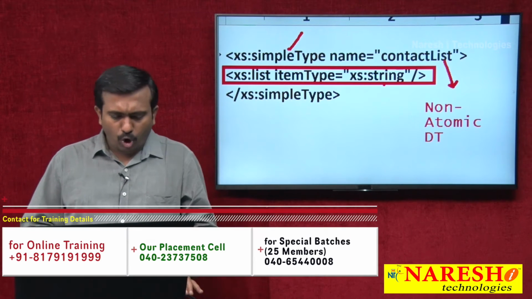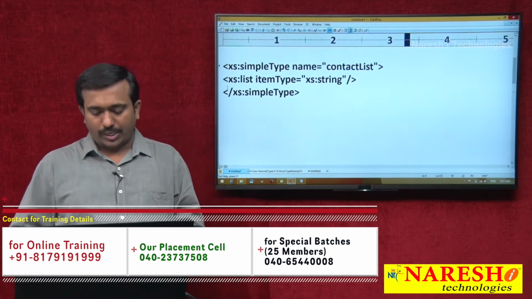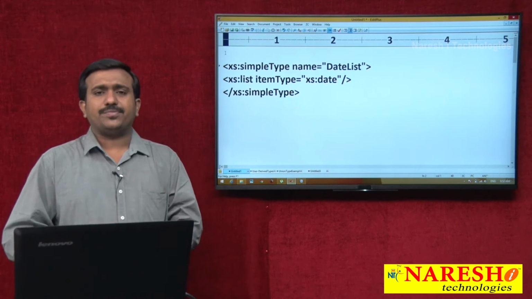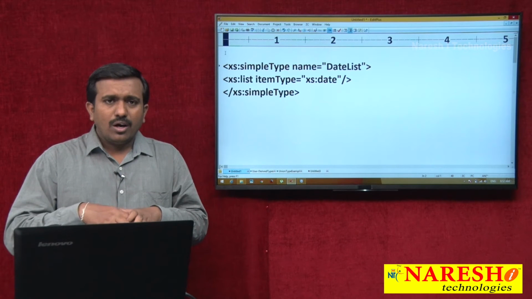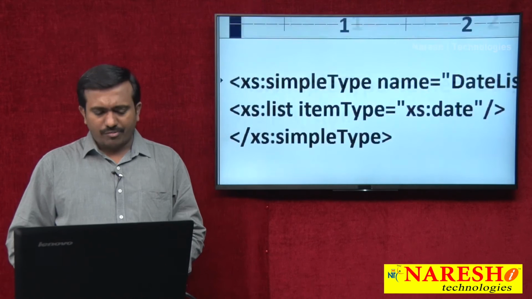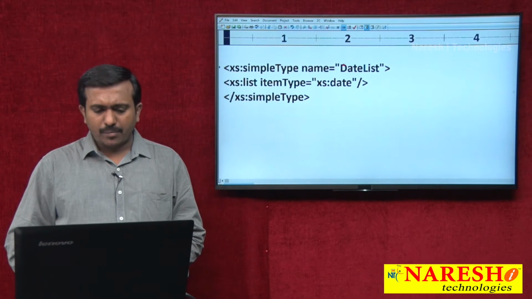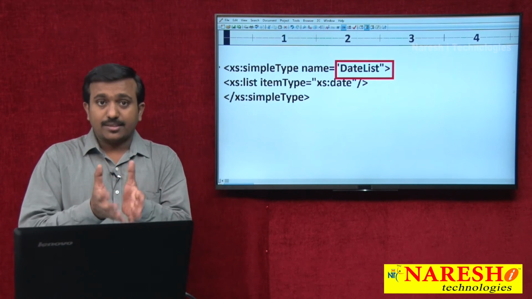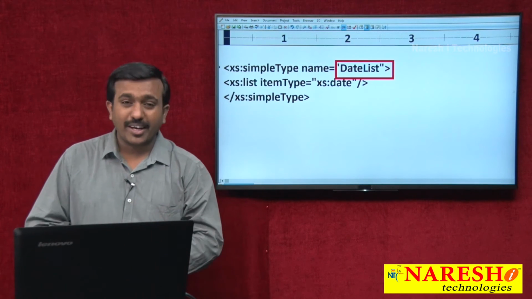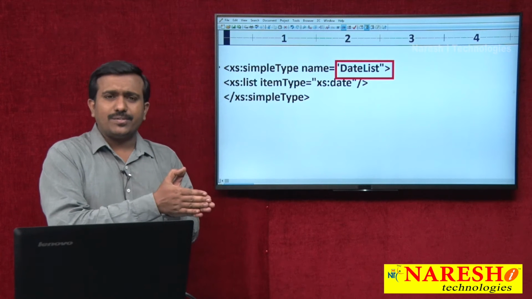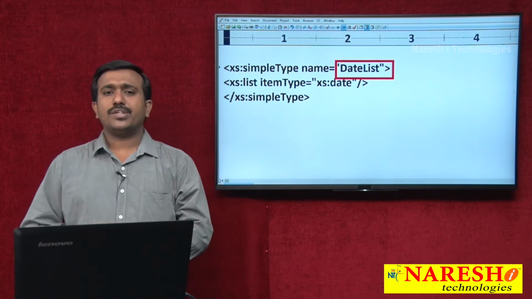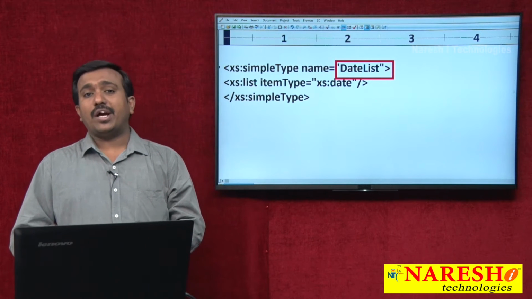Similarly, I want to create one more non-atomic data type, for example date list. I want to allow a collection of dates for one element, so I am using date list. Here the item type is date. Contact list allows a list of string values; date list allows a list of date values.